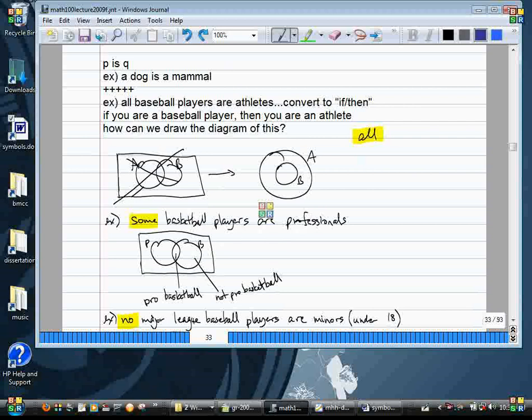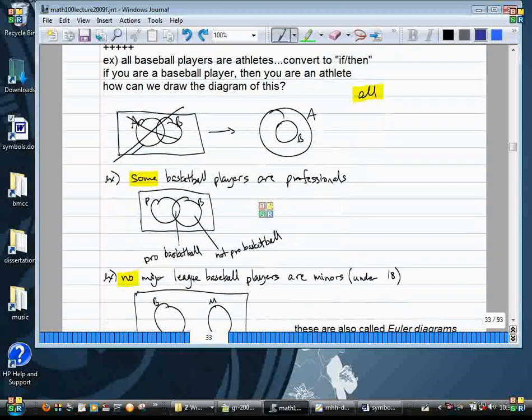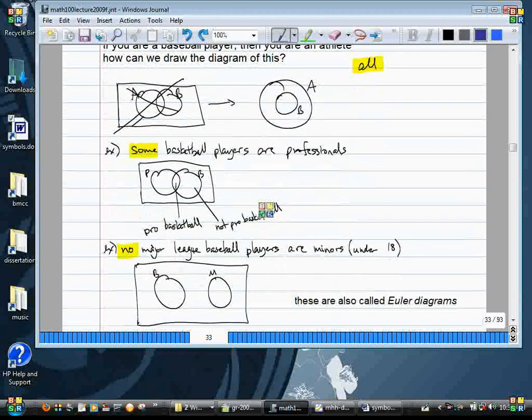Two circles not overlapping, exactly. Now, when we make pictures like this relative to statements and qualities, they're also called Euler diagrams. So granted, yes, Euler diagrams and Venn diagrams have some things in common. But is it clear why you can draw two circles separately?